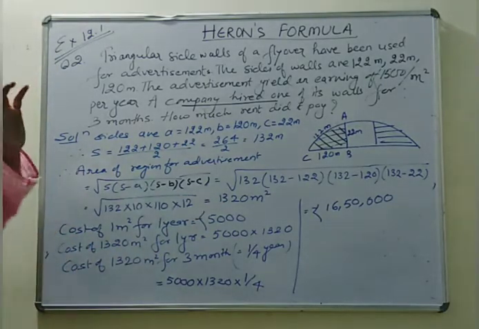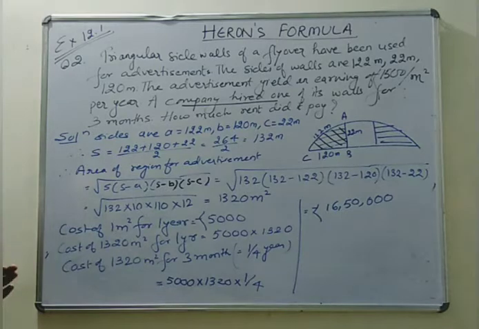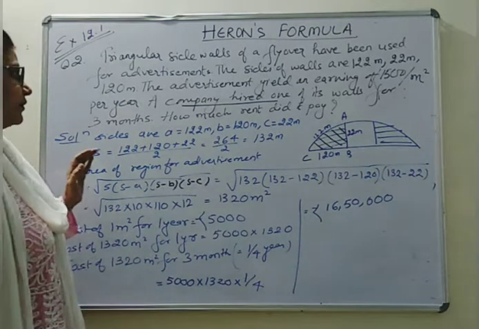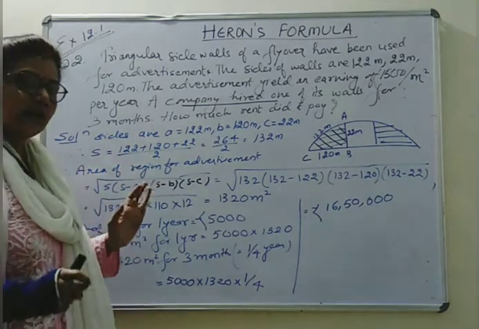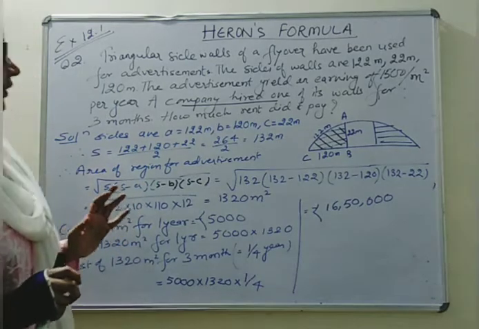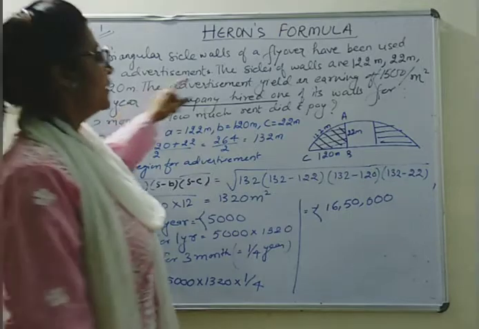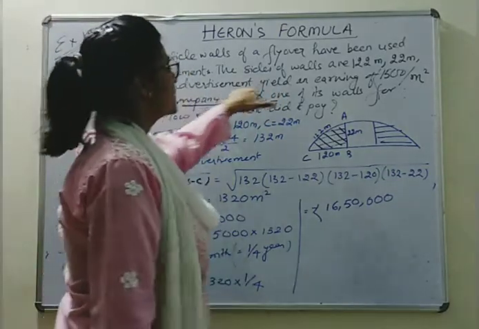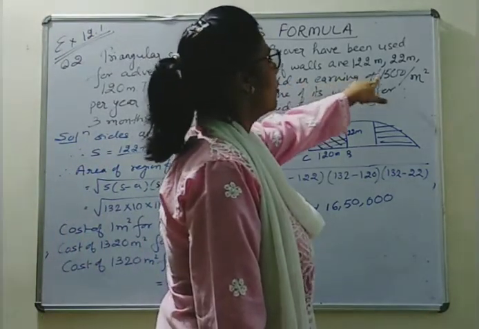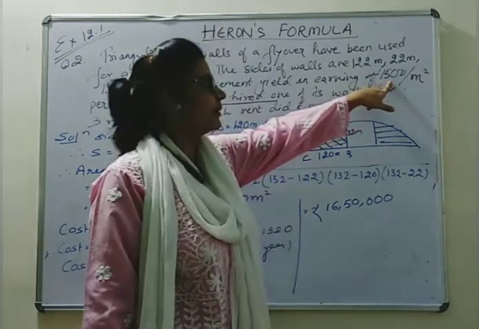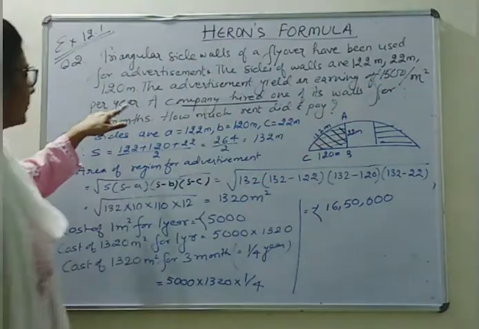Now we have obtained the advertisement area. Okay. Now what is given? The advertisement yields an earning of rupees 1,500 per meter square per year.